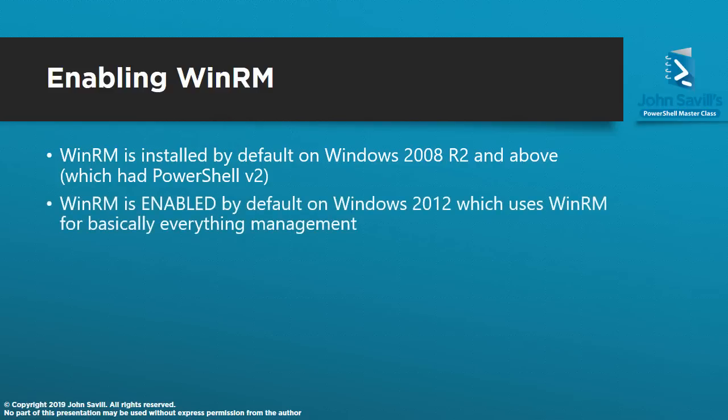And it is enabled by default on Windows 2012 and above, because with Server 2012, WinRM is basically used for everything. We had Server Core. With Server Core, I had no GUI. And so we needed that remote management to just be there by default. Now, this should give you an idea of the amount of security checking Microsoft did with WinRM.